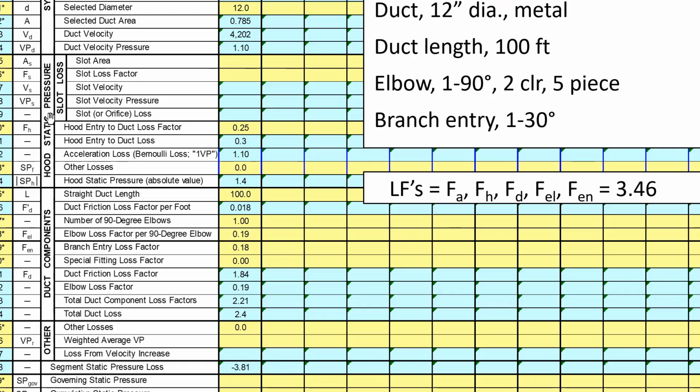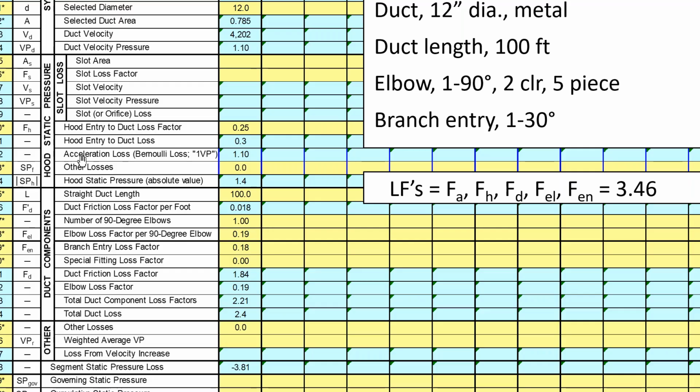In our hood section, we have an F sub H for our hood of 0.25. We said earlier that our hood entry loss is our F sub H loss factor times our duct velocity pressure, and that gives us a hood loss of 0.3 inches of water gauge.